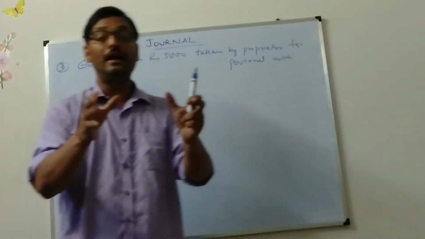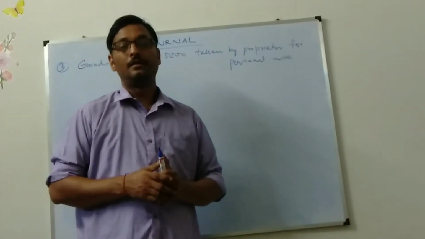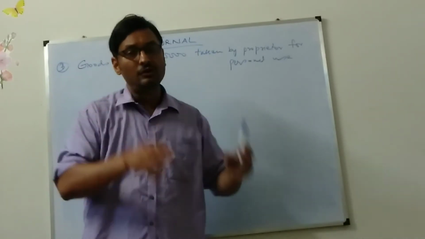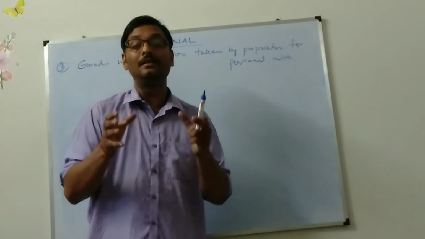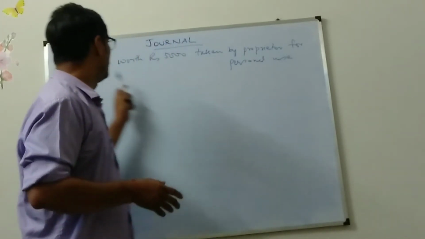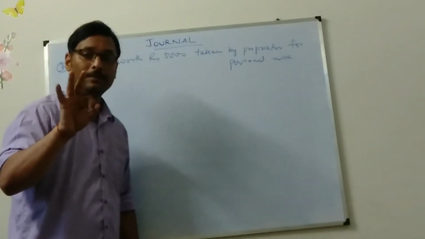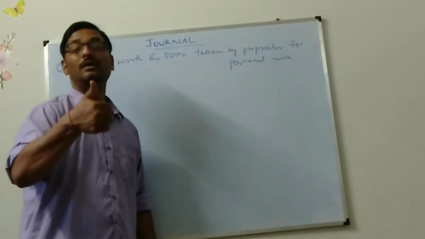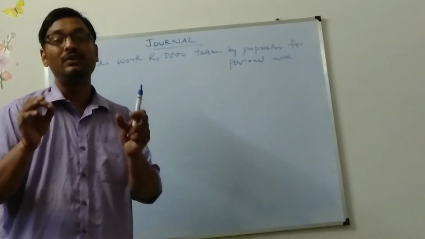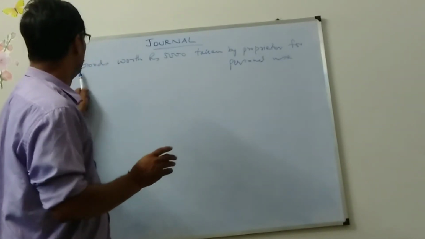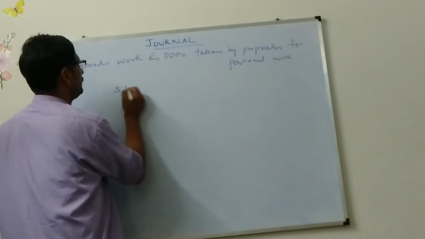And when those goods are with you at the end, they are in the form of stock. So these goods are of three types: purchases, sales and stock.